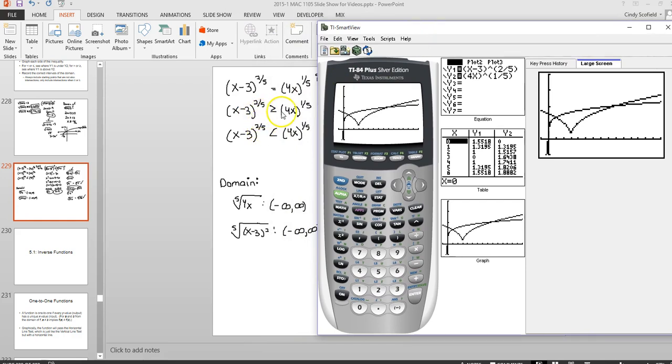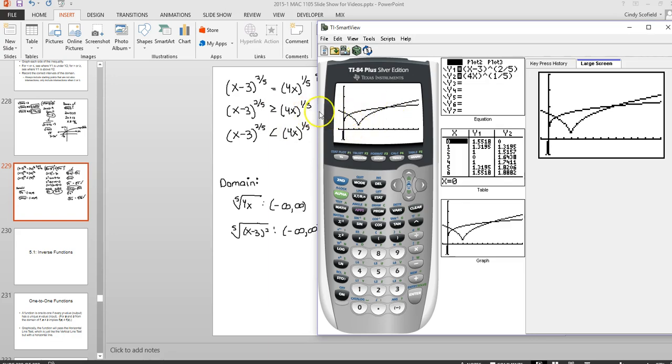First one, where is y1 greater than or equal to y2? Well, y1 is this V shape. So you have to ask yourself, where is this V shape above, greater than, the S shape, y2? And since it's greater than or equal to, you're going to include those crossing points, those points of intersection.